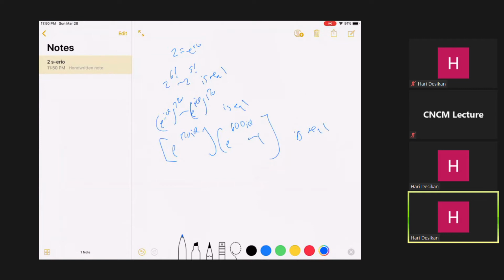We're actually not going to look at it like this, because this is not a very helpful method. If we say that this is real, it doesn't help too much to factor it, because then we have the product of two complex numbers, and we don't really know if that's real or not. But what we do know is the imaginary part of this, and the imaginary part of this.